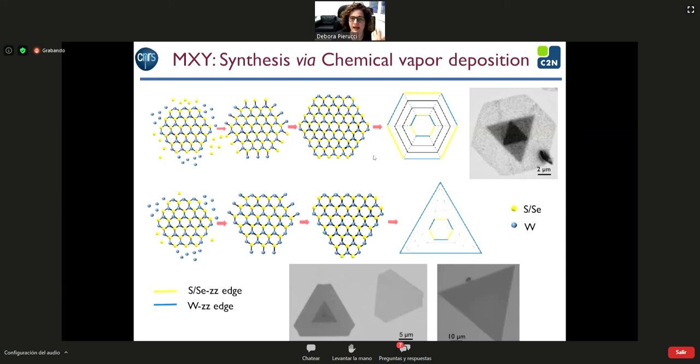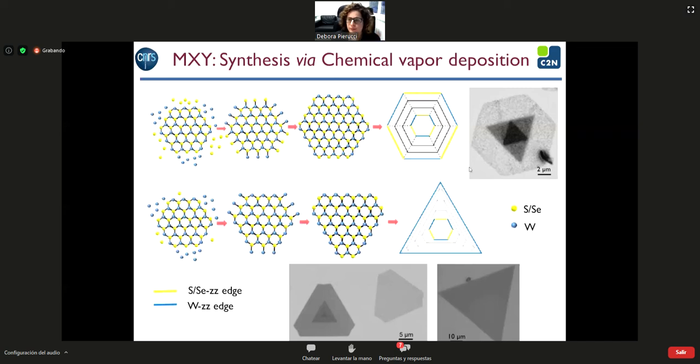In case the partial pressures of the chalcogen and the transition metal are in the same stoichiometric ratio, we have an equal probability of the two edges, so we have this hexagonal shape.